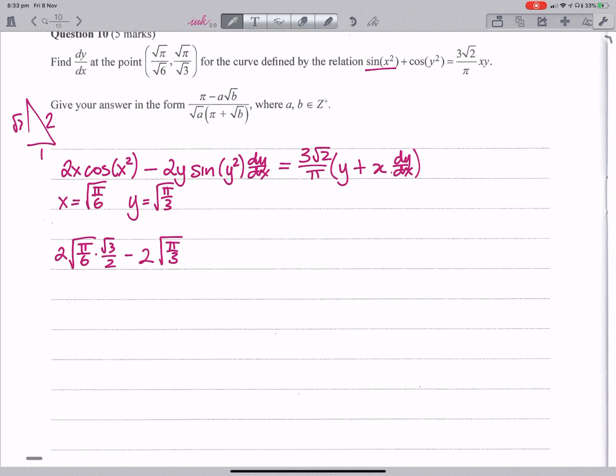Sine of pi on 3 is root 3 on 2, dy dx. Okay, that's equal to 3 root 2 on pi, y, which is root pi on 3, plus x, root pi on 6, dy dx. Okay, that's a start. Now what do we do?